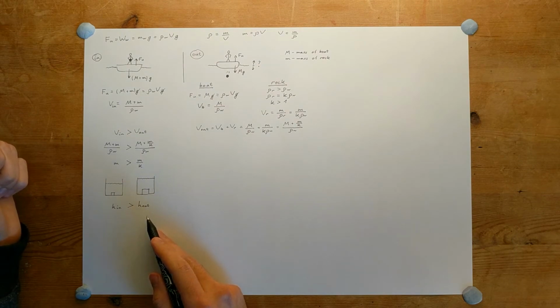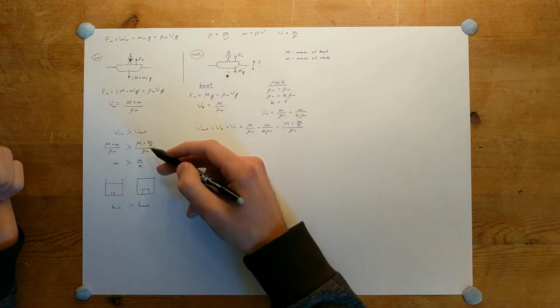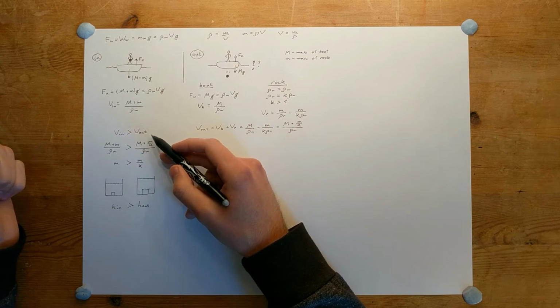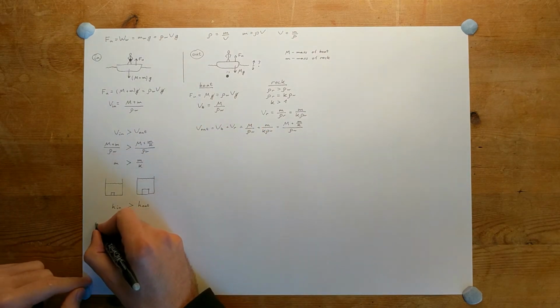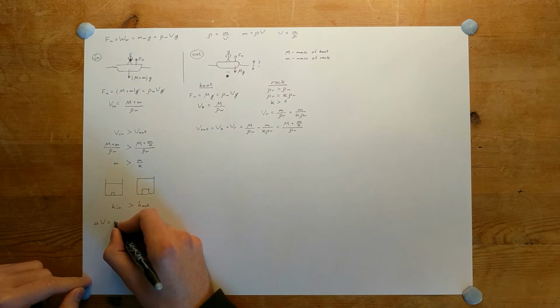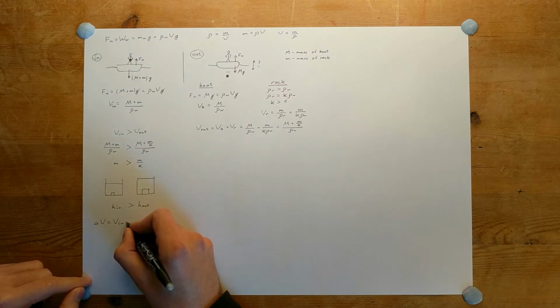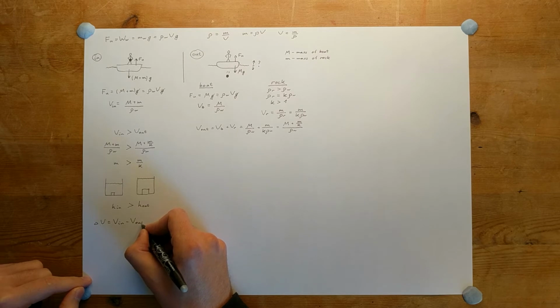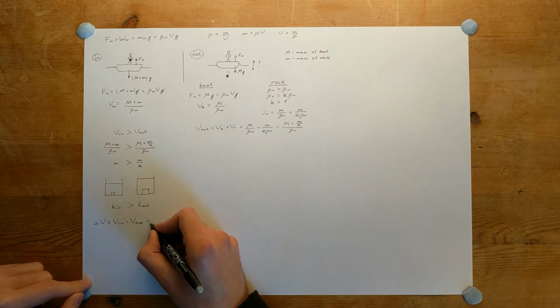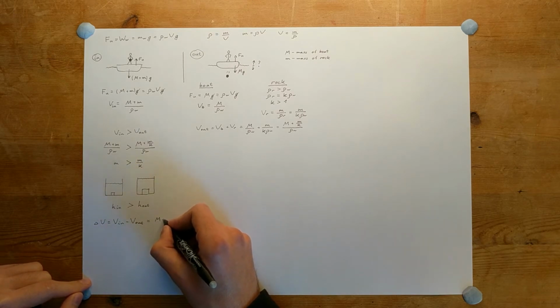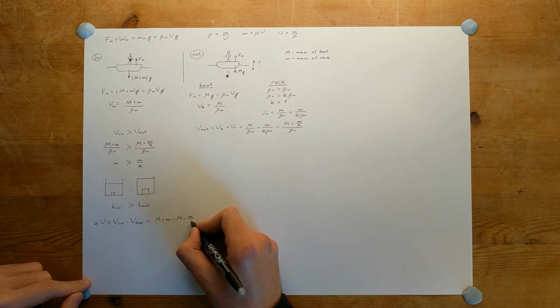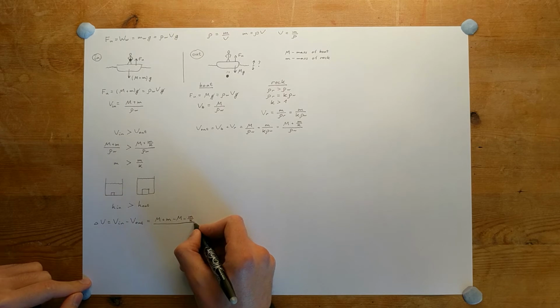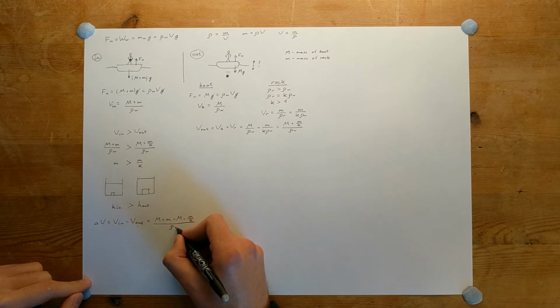when it's outside. And by the way, we can also calculate the difference in the volume displaced. So delta V is equal to V inside minus V outside, and this is M plus m minus m over K, over the density of water.